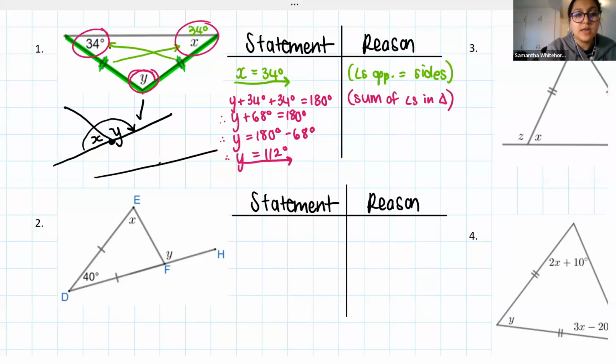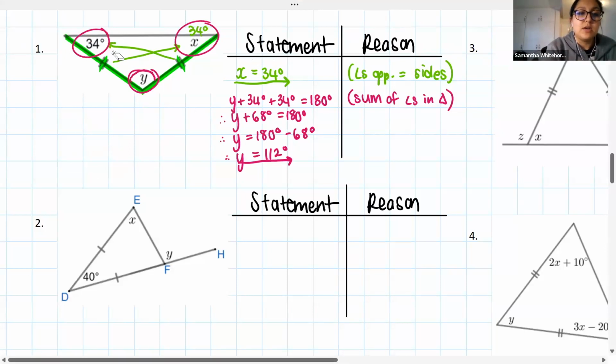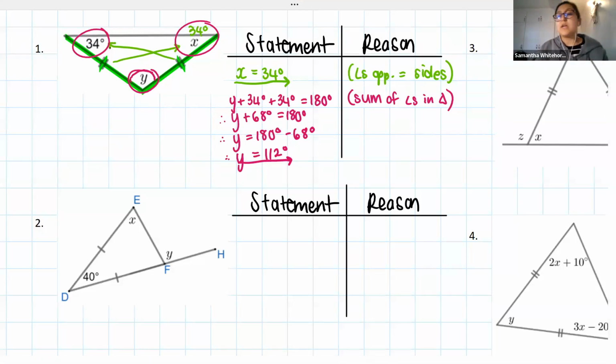But if we have a straight line and angles that are far away from each other, not right next to each other, that's not angles on a straight line. So unfortunately, if you used angles on a straight line, that is not correct. All right, so just bear that in mind.